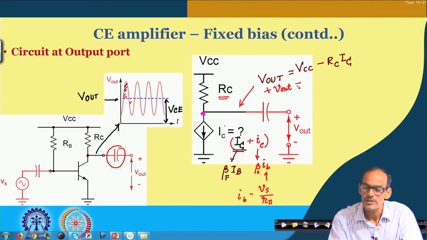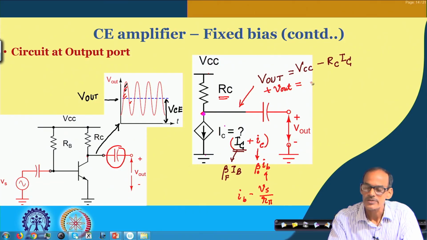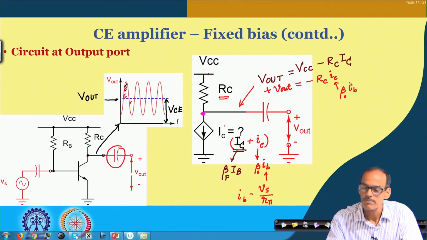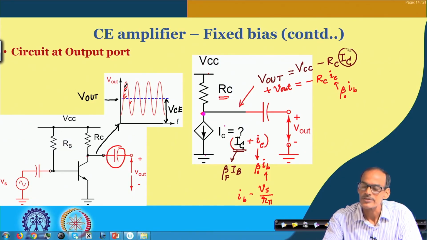For the small signal, this is ground and the IC current is flowing here. So we may say this is minus RC multiplied by small IC, and this IC is beta times IB, and the DC part is beta F times IB.